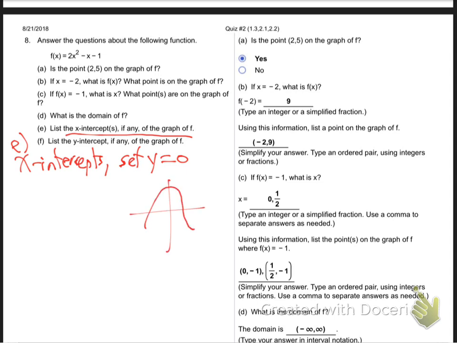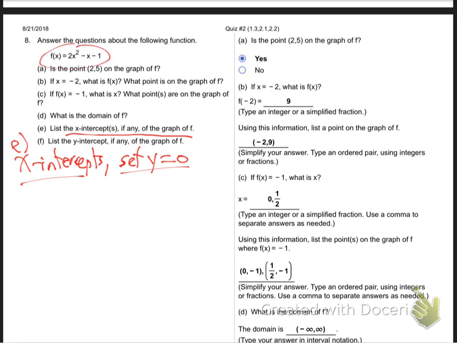Think about it. If you have some kind of graph that has a couple x-intercepts, that means this point's y value is 0. It's up 0, isn't it? And this point also has got to be up 0. I don't know what their x values are, but their y values are 0. At an x-intercept, your y is 0, isn't it? That's just what it means to be an x-intercept. So that's what you do with the equation. Whenever you want to find an x-intercept, you just make y 0.